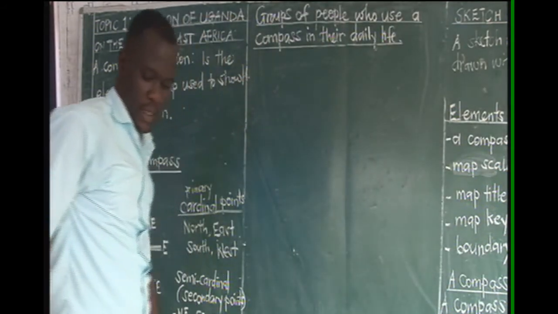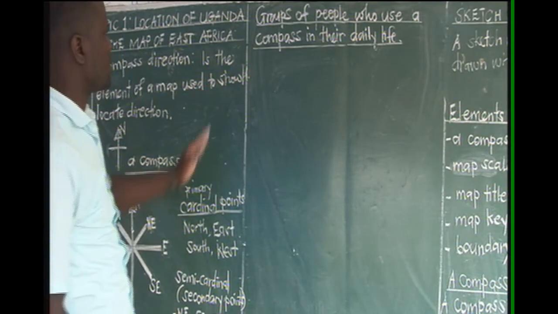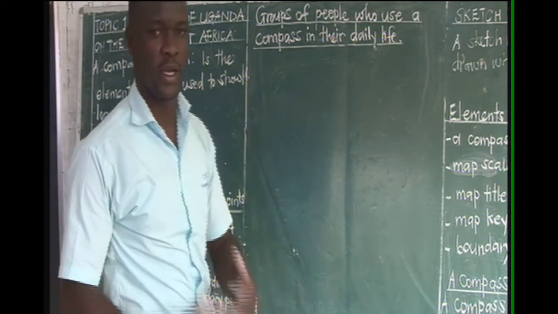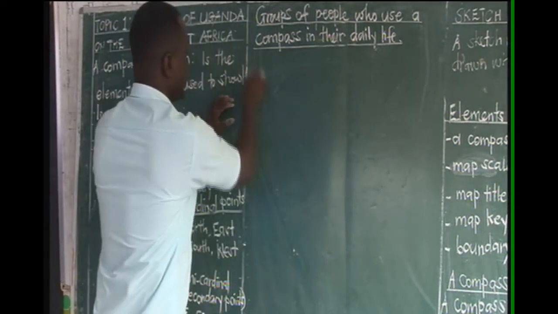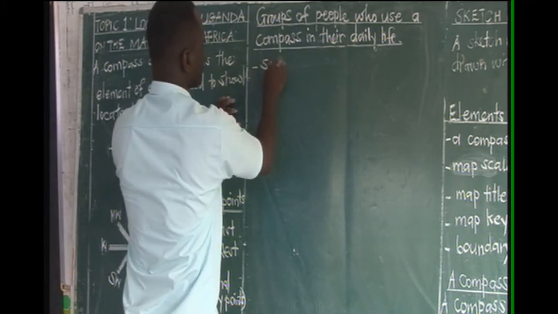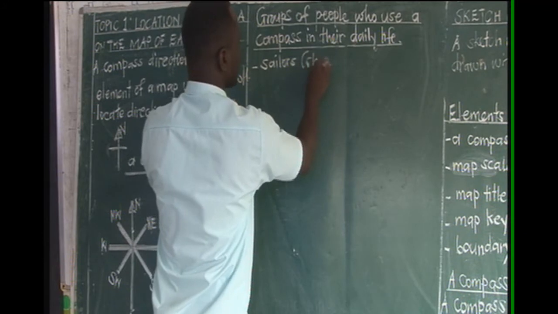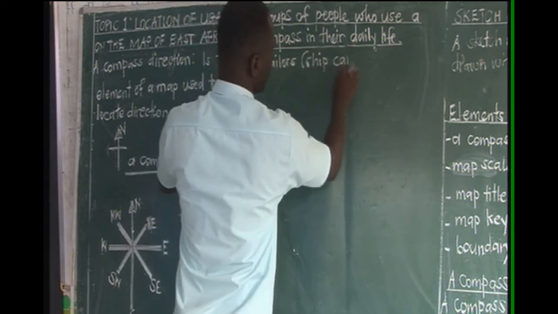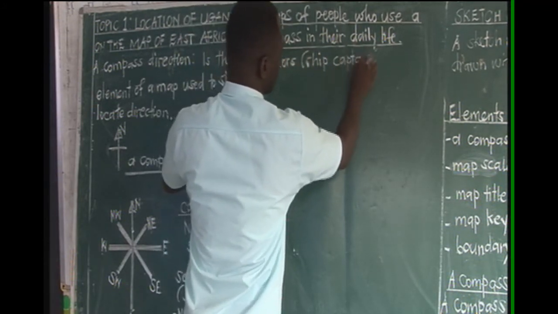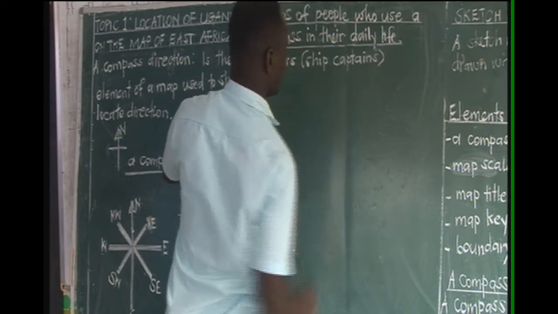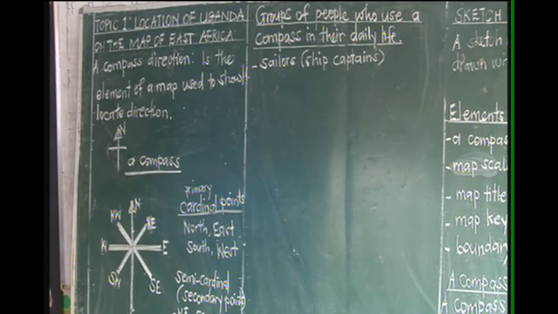So we are to share which groups of people, who are these people who use a compass when they are doing their work. One, we have sailors. Sailors, those people who sail. You can call it ship captains. You find that when these ones are on water, they use that instrument that we call a compass.